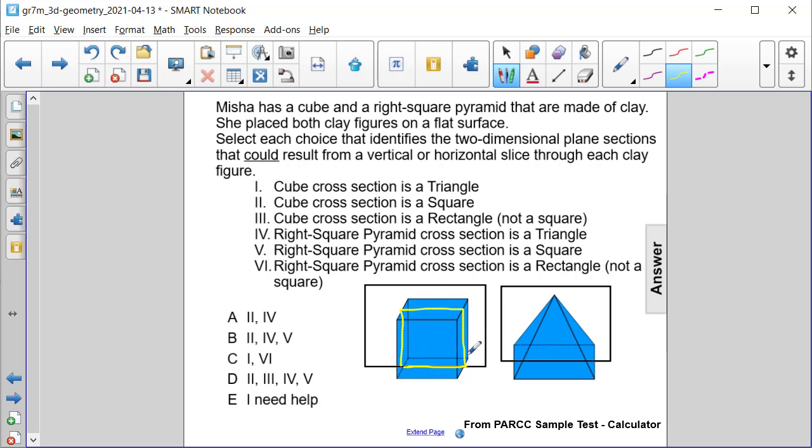So we have a square for this one, or more broadly, a rectangle if we need it. And then for this one, the vertical cross-section here is straight across and then up and then back down to make a triangle. Okay, this is for vertical.